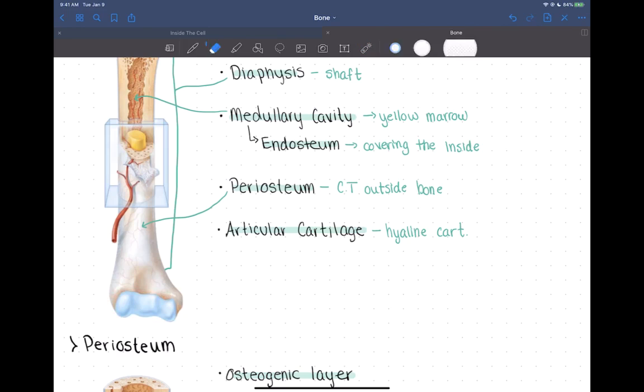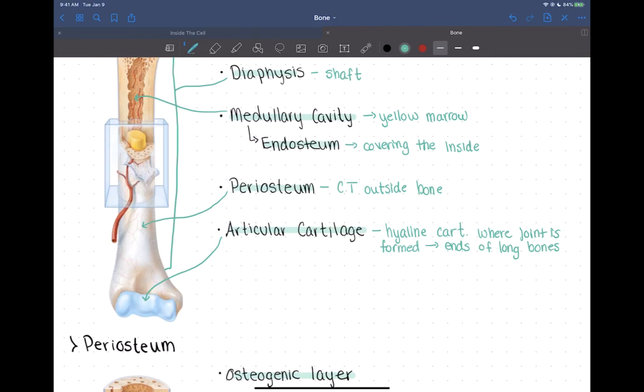So here, that would be articular cartilage. We can say hyaline cartilage where a joint is formed, and typically that is going to be on the ends of long bones. That is where you'll find that articular cartilage.